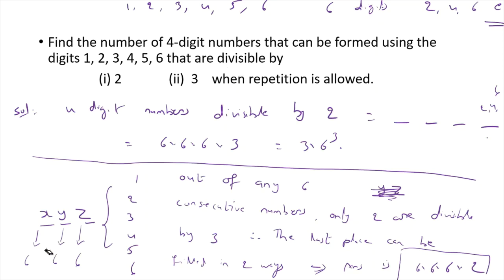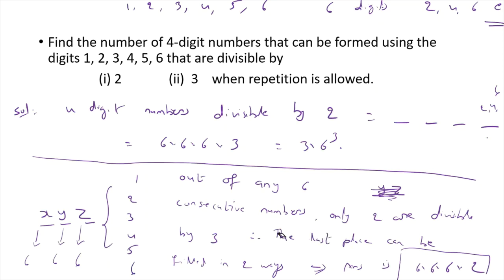So first I will fill the first 3 places in whichever manner I want, and then I can fill the last place with 1, 2, 3, 4, 5 or 6. If I fill the last place with these numbers, then I am going to get 6 consecutive numbers. Out of any 6 consecutive numbers, there are only 2 numbers which are divisible by 3.